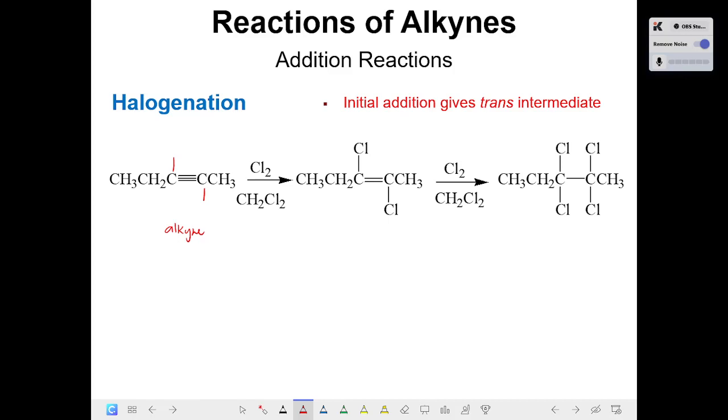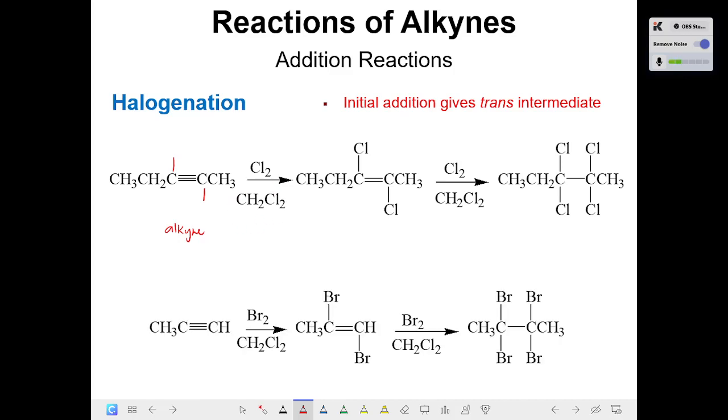Okay? By the way, if you want to do this reaction, your chlorine or your halogen should be nakalagay siya sa dichloromethane. So this one is dichloromethane. Okay? We have another example. So ito naman ay bromination.